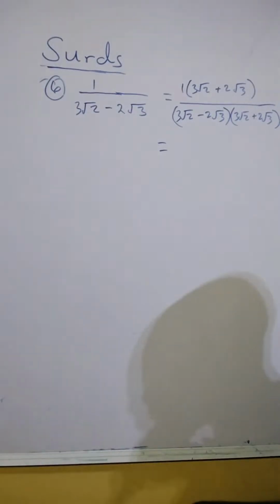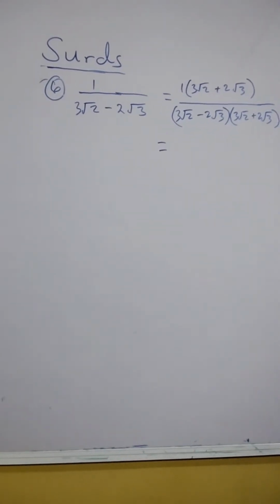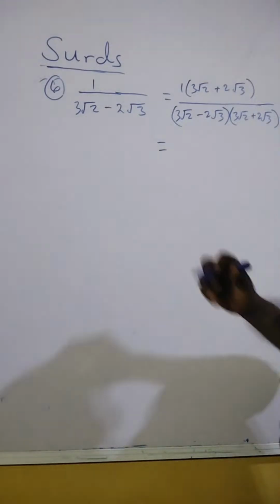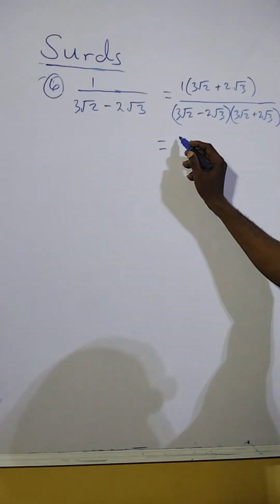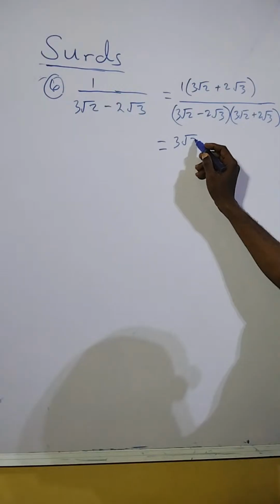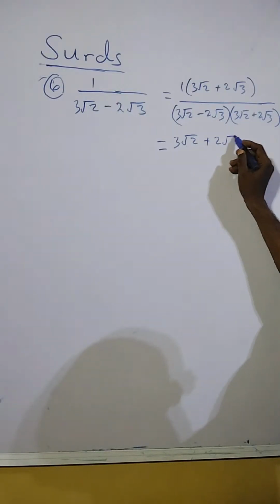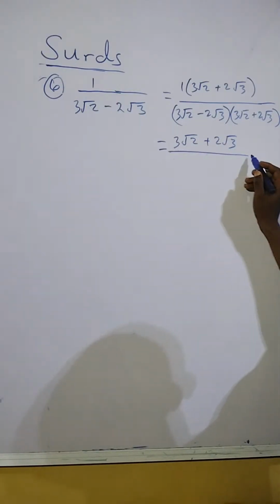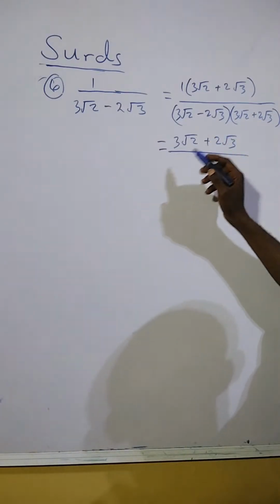Then here we expand, and 1 times, this is still the same thing as 3 root 2 plus 2 root 3 divided by, here this multiply.